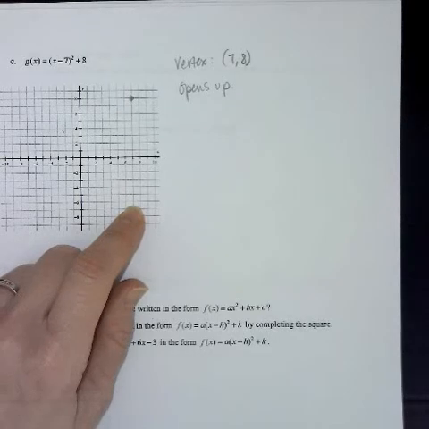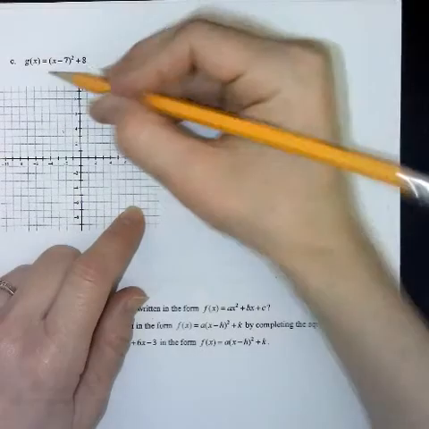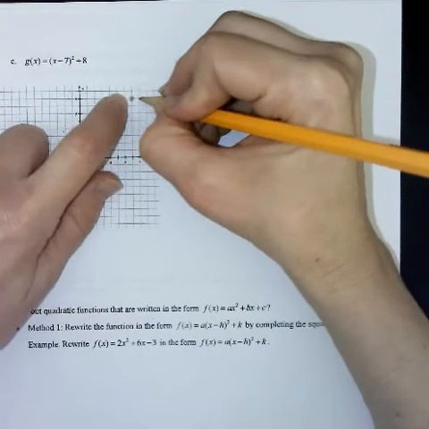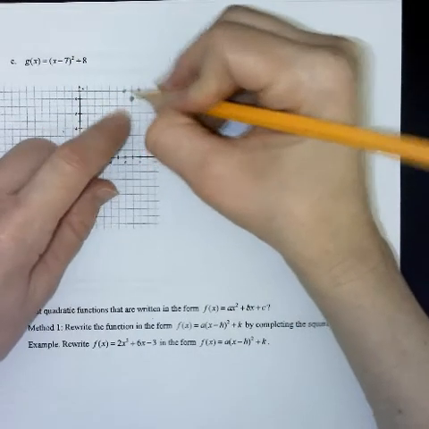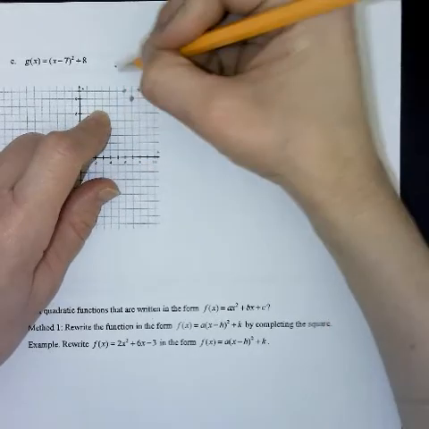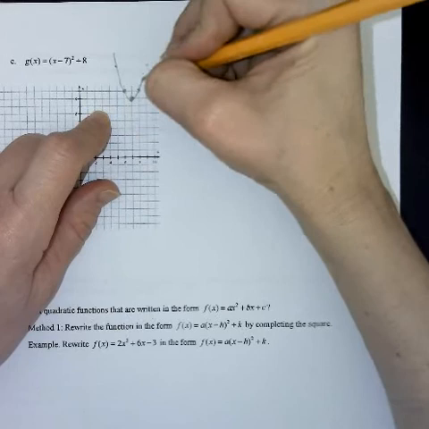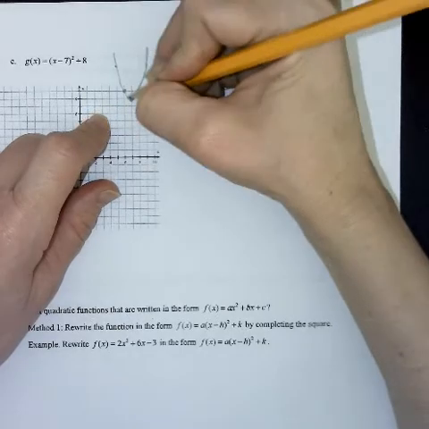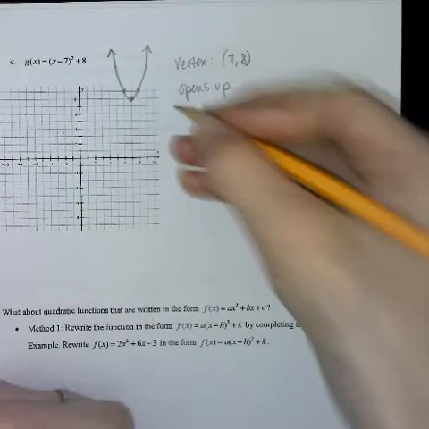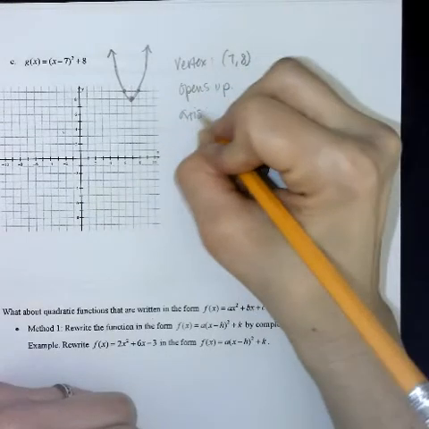There's no stretch or compression or reflection, so we just would go out 1, up 1. And then out 2, up 4. I'll just kind of estimate. Just our standard shape, same shape as y equals x squared. Okay, again, axis, that's x equals 7, right here.